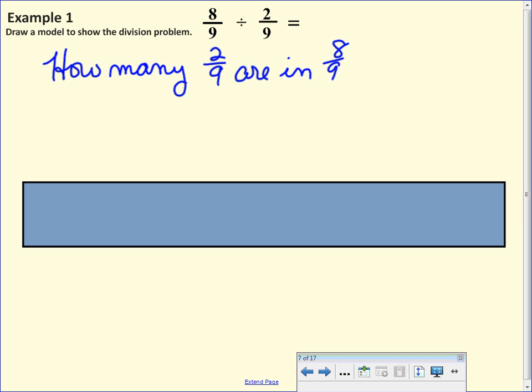We found how many groups of 3 are in 12. So we're going to see how many 2/9 are in 8/9. So what's my whole? What do I have that I'm dividing up? 8/9. So let's draw 8/9.